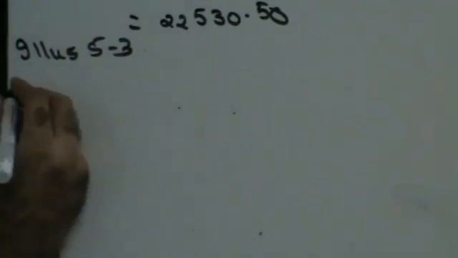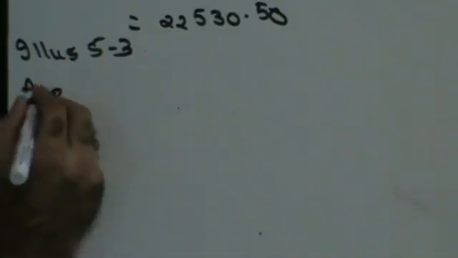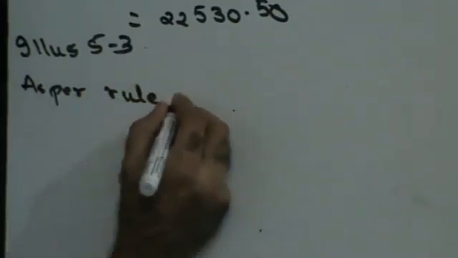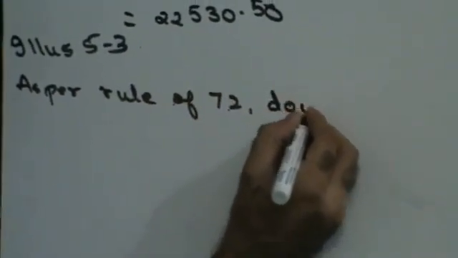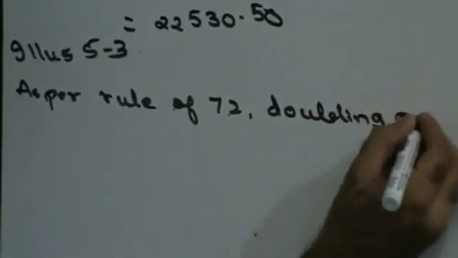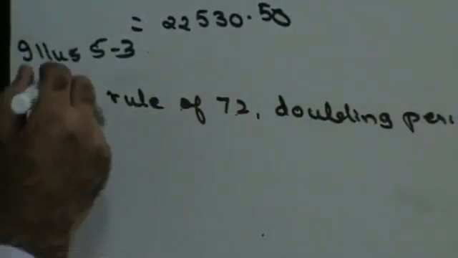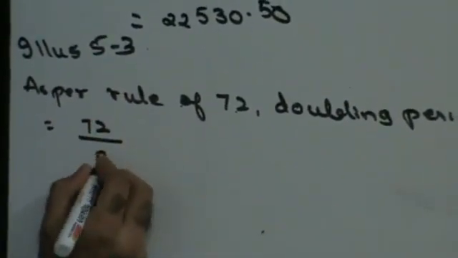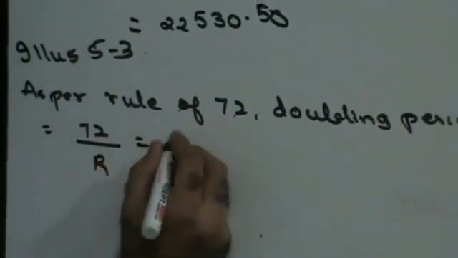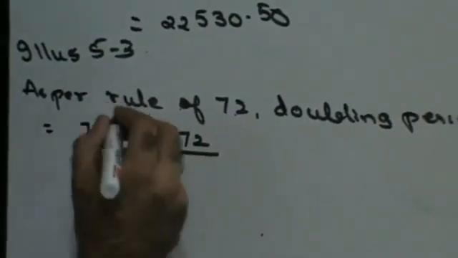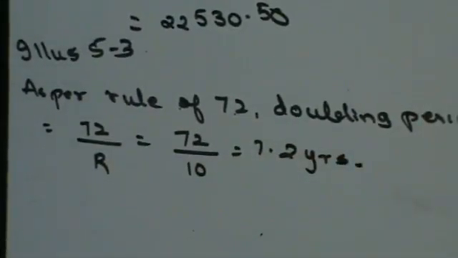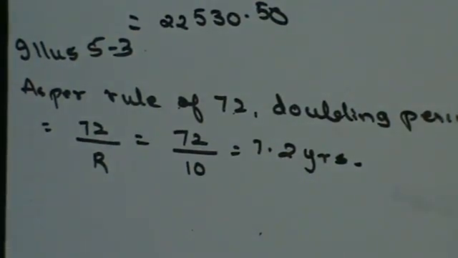Now, as per the rule of 72, the doubling period is given by the formula 72 divided by R. The rate of interest is 10%, so 7.2 years. So if I use the rule of 72, I'll be able to double my amount in 7.2 years.